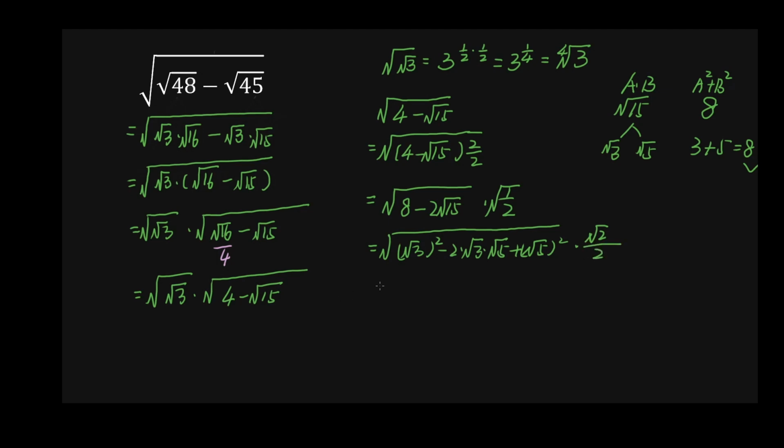That is the square root of square root 3 minus square root 5 whole squared, times square root 2 over 2. And you need to be careful here.